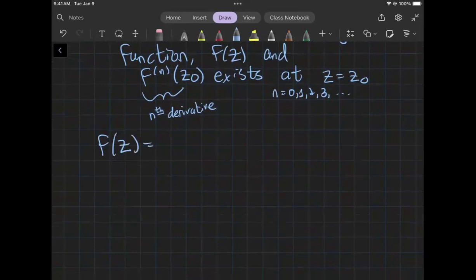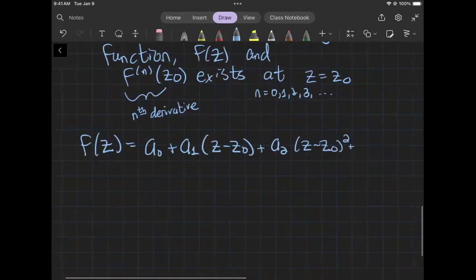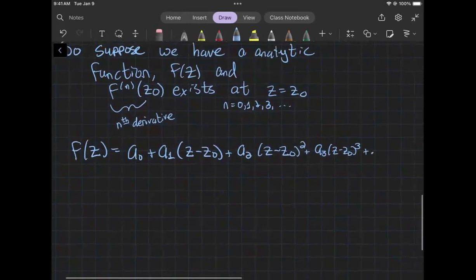We're going to suppose that f of z is equal to a power series centered at z naught: a0 plus a1 times z minus z naught plus a2 times z minus z naught squared plus a3 times z minus z naught cubed, and this series keeps going.